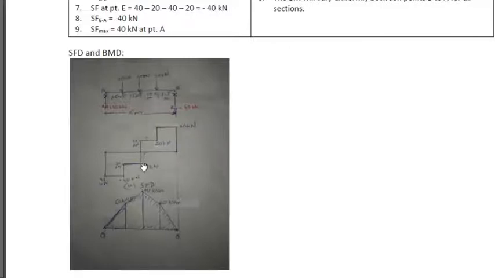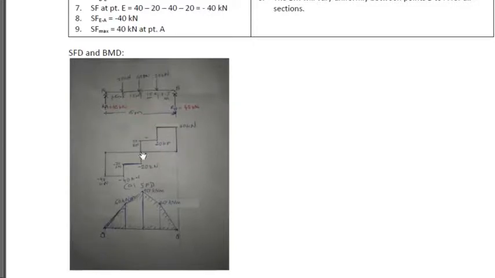Then it is stable at minus 20 kilonewton for the section DE, and at point E it comes down to minus 40 kilonewton, and then it remains stable at this minus 40 kilonewton till point A.